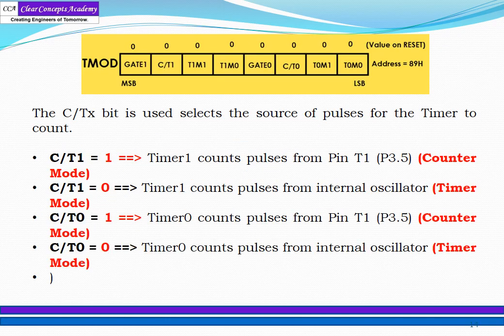The same thing is for timer 0. These 2 bits are for timer 0, and these 2 bits are for timer 1, and this is for timer 0. The same thing. If this is set to 1, then timer 0 will act as a counter, and if it is set to 0, then it will act as a timer.